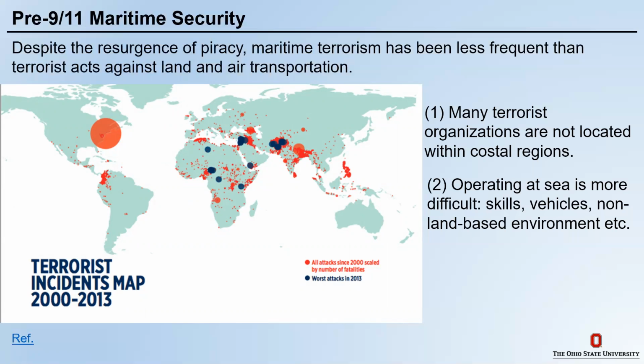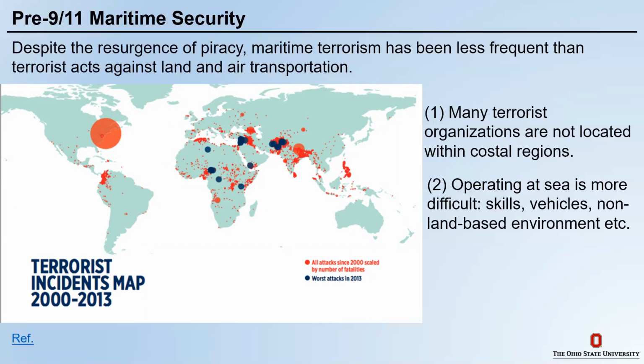So it's more difficult than terrorist attacks on land. Believe it or not, running a terrorism organization is not an easy thing. Just think about it. So why not maritime attacks?